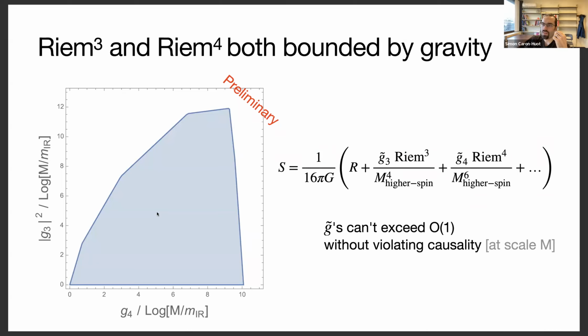Exactly, whichever way it is. Yes, there's an extra suppression by M Planck squared. But when you're running these arguments, the cutoff, the scale in the dispersion integral, should be set by the mass of the loop you've integrated out, right? It's not the mass of the higher spin.